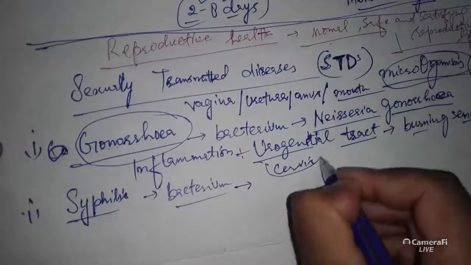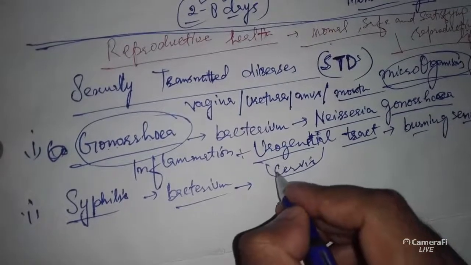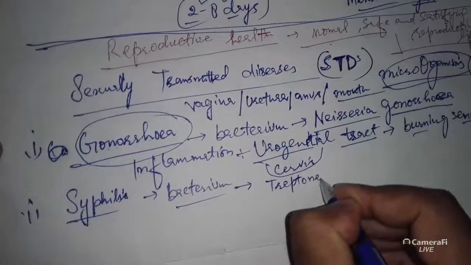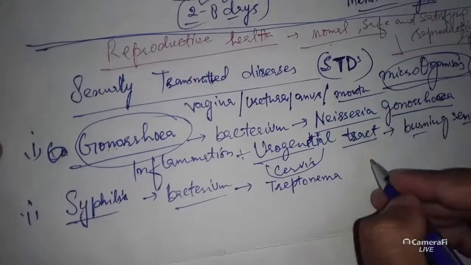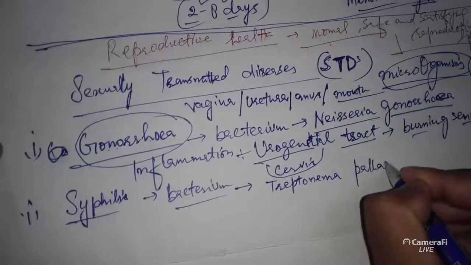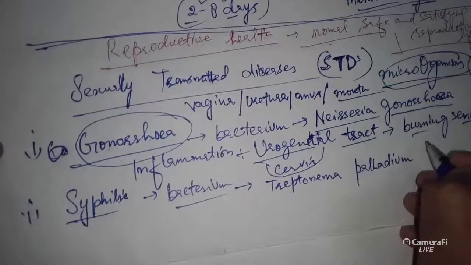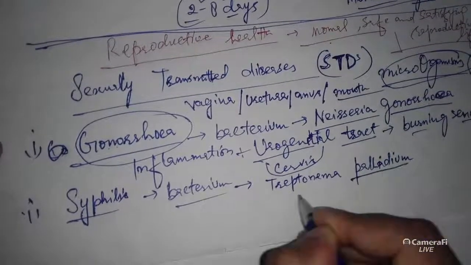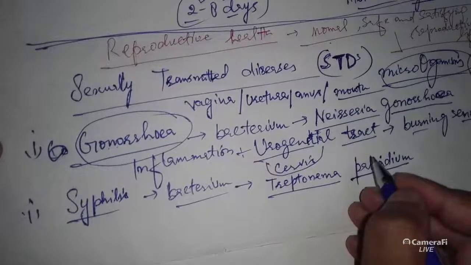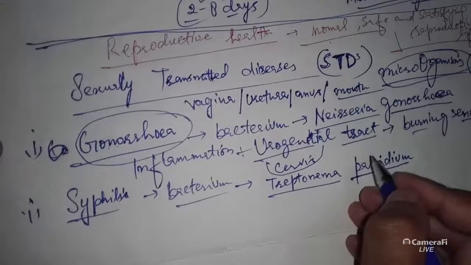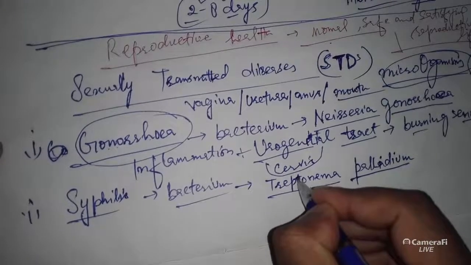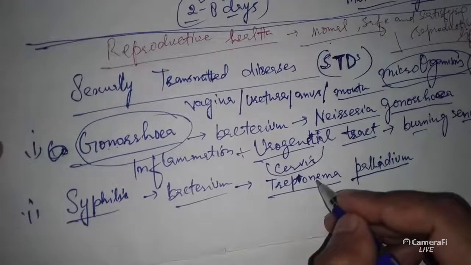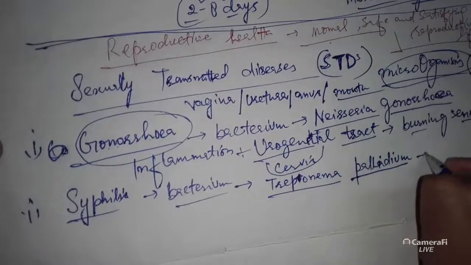The name of the bacterium is Treponema pallidum. Treponema pallidum. So how can we say that it is syphilis disease?